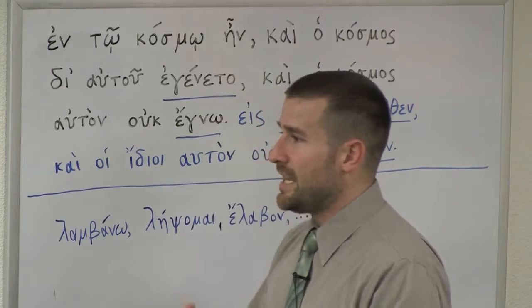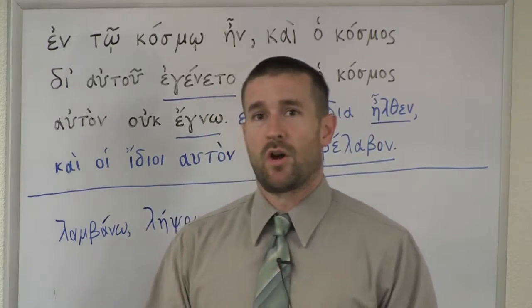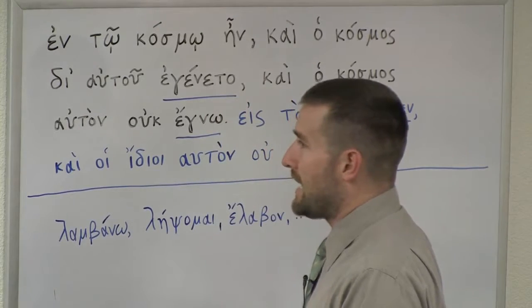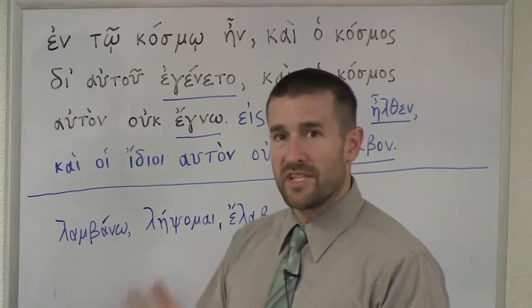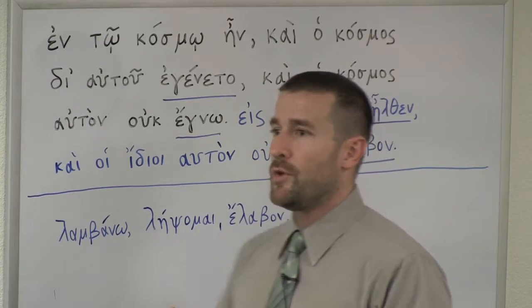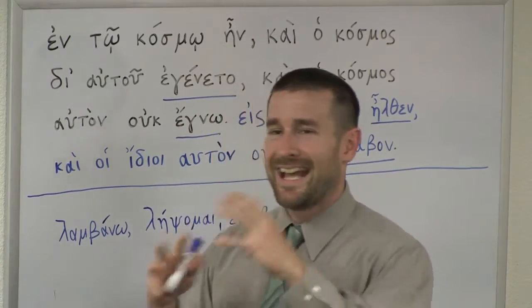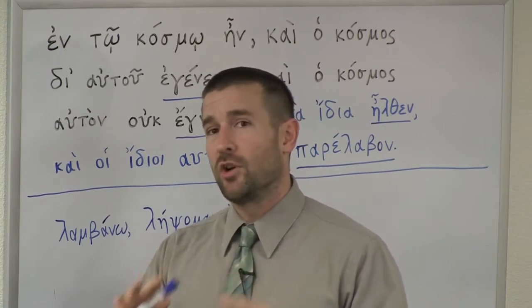And you'll see a lot of times 6 principal parts for each verb, if it has all 6 parts. And those 6 principal parts will help you to be able to conjugate a verb in all different ways and to be able to get an idea of what that verb is going to look like in different forms.